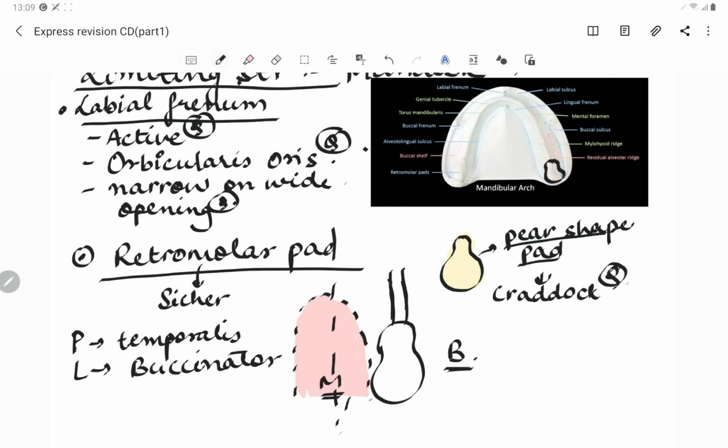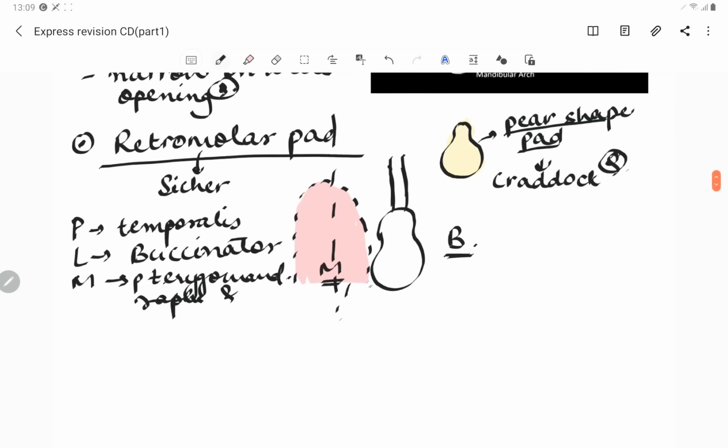So laterally is the buccinator and medially is the pterygomandibular raphe and superior constrictor of pharynx.